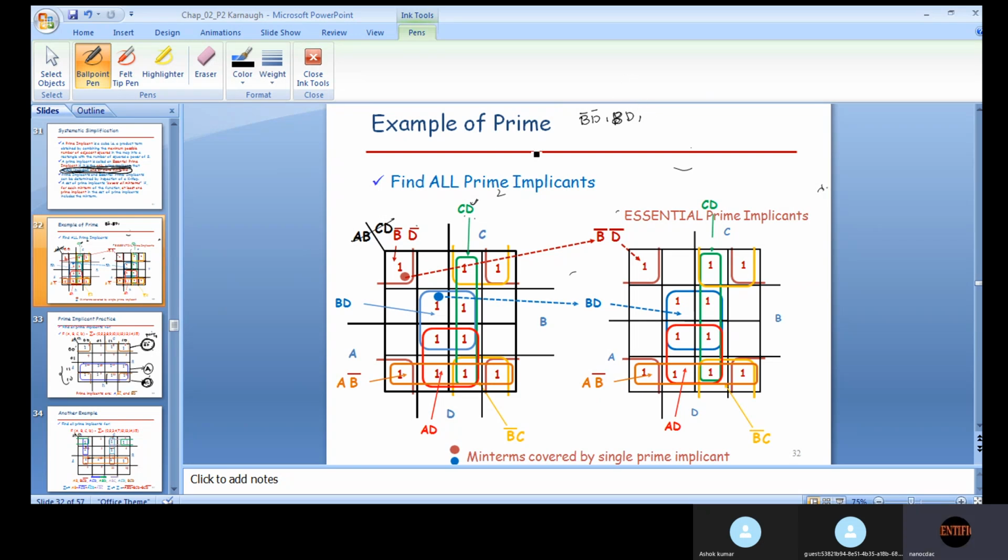So here you have A, B bar ఒకటి, తర్వాత AD ఒకటి, B bar C ఒకటి. That's it. CD is there. AC, where did you see AC? AC ఎక్కడన్నా ఉందా?